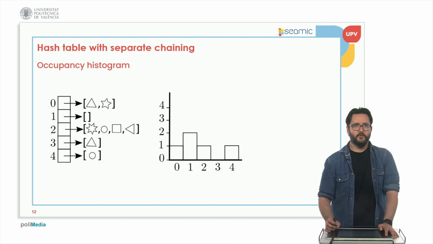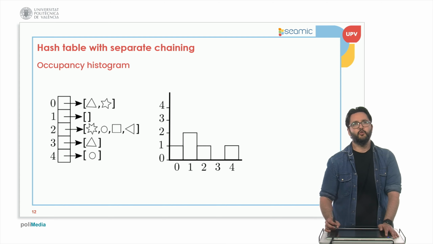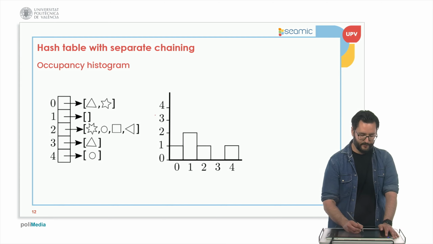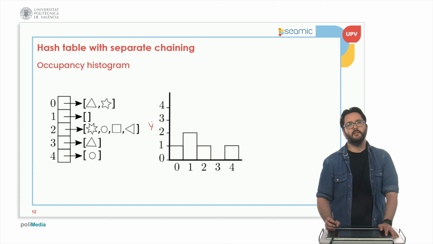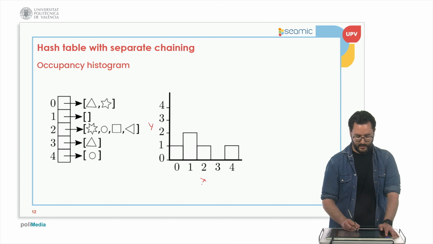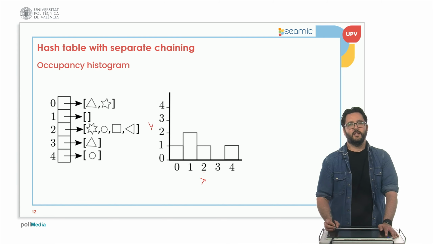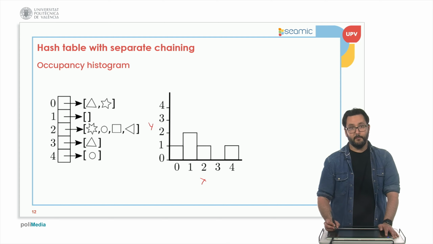We can detect this situation using what is called the occupancy histogram. In this case, we have in the y-axis the number of buckets, and in the x-axis the buckets that have a particular number of elements.